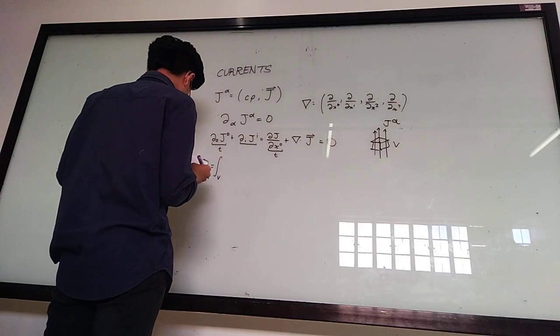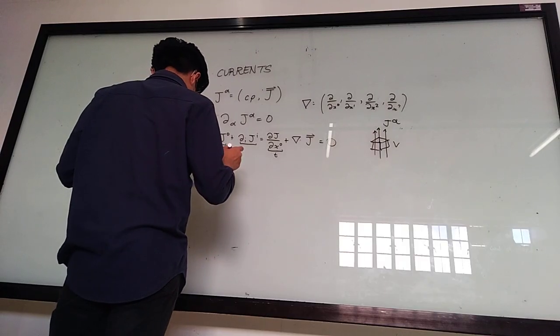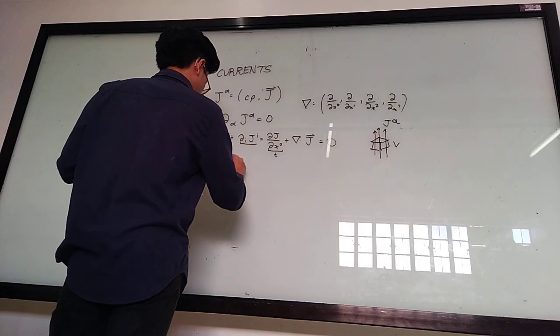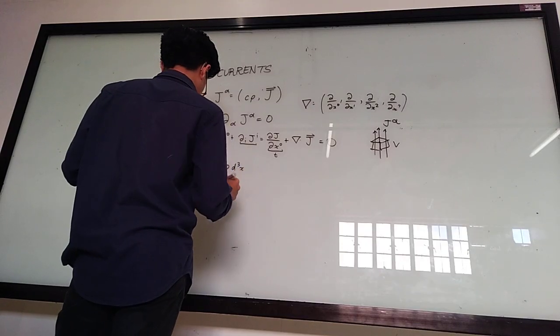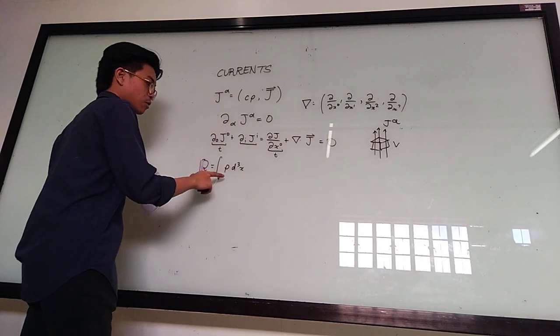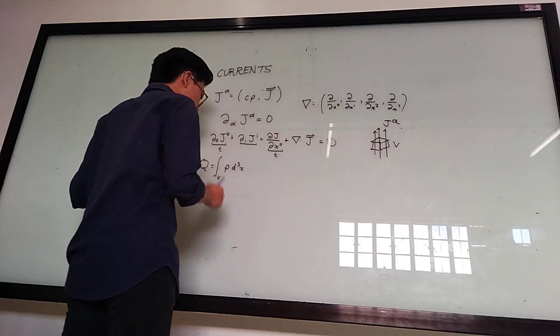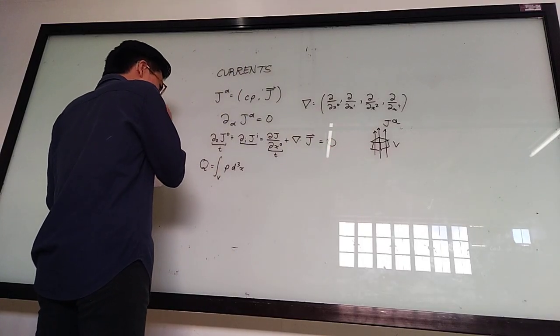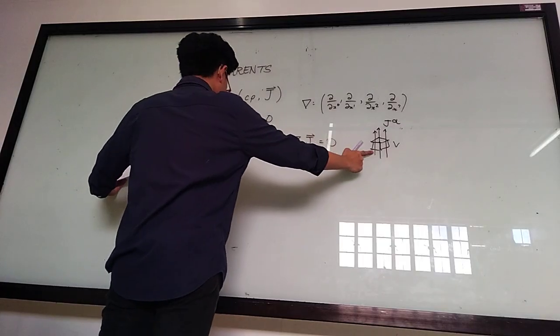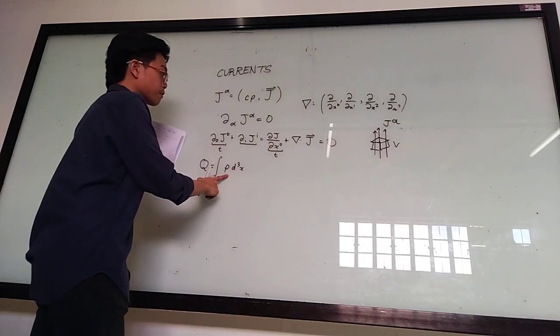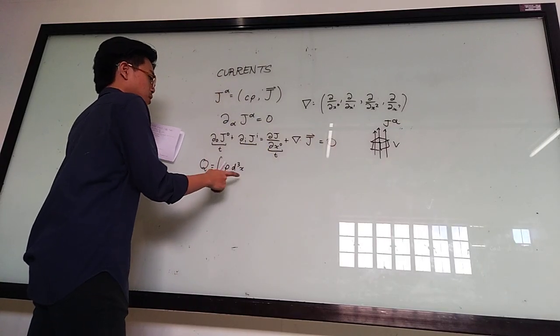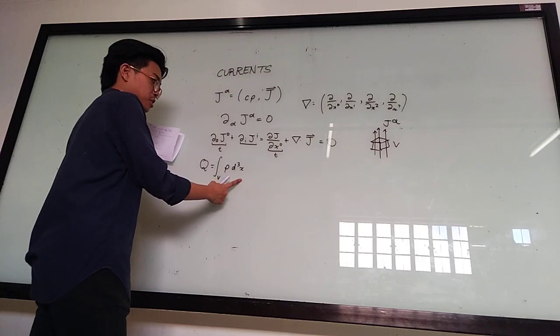I'm just going to write it out. Okay, so we're integrating over the volume element, of the charge density with respect to the spatial indices.